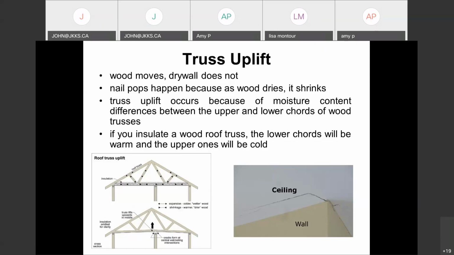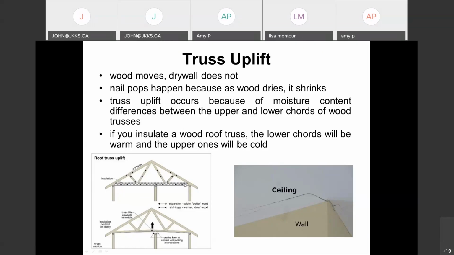Truss uplift occurs because of the moisture content difference between the upper chord and the lower chord of a wood truss. For those who might not be familiar, this is the upper chord, the shape of the roof, and this is the lower chord, which becomes basically the ceiling joist coming across.